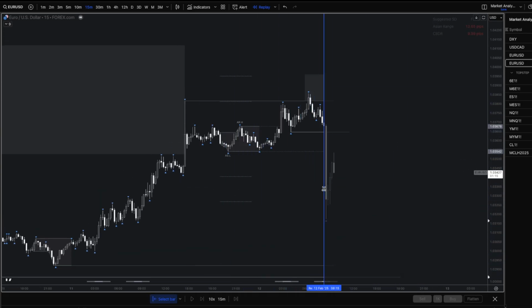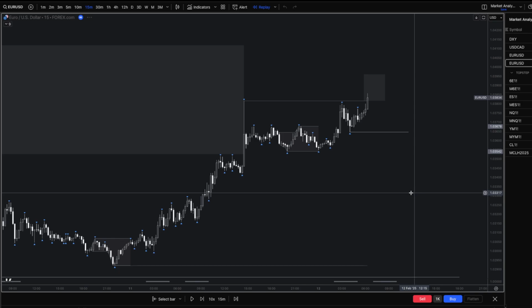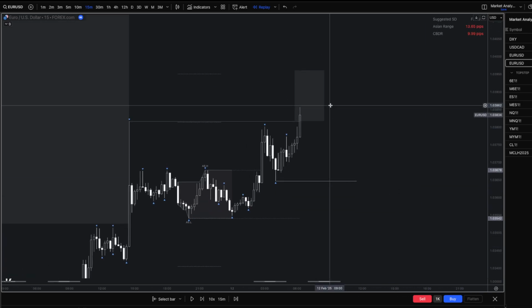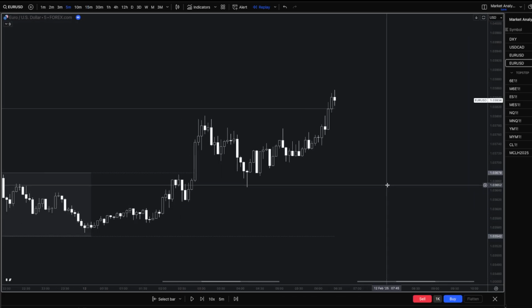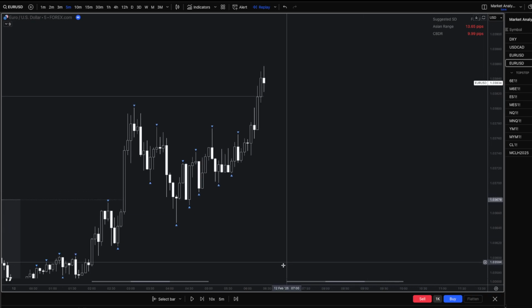I didn't want to be holding through, say, the news. So for me, I was quite happy then to take what I had basically already built my bias and form my idea around, and really just try to identify any potential opportunities on, say, the M5, which are in alignment with, say, the M15.